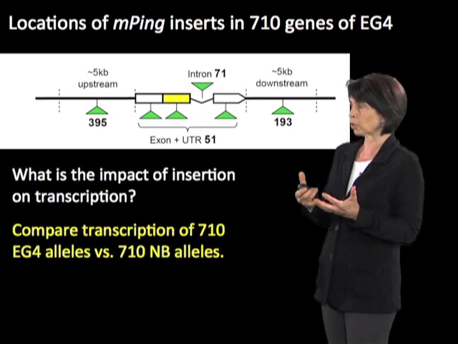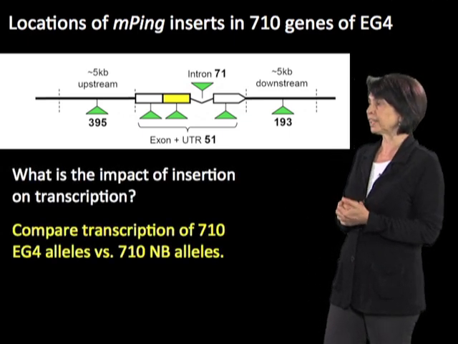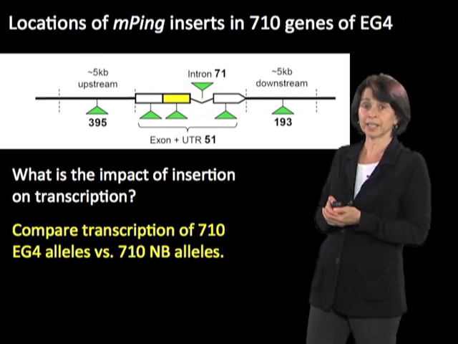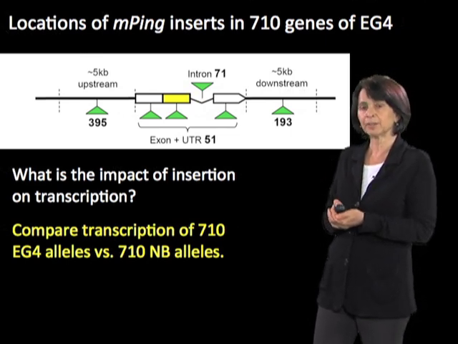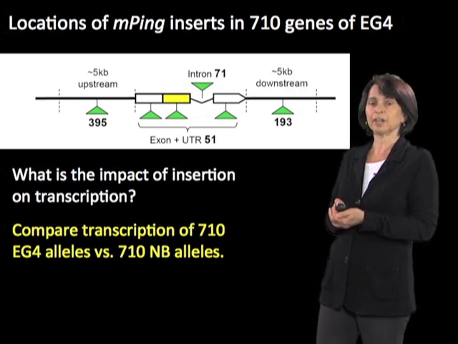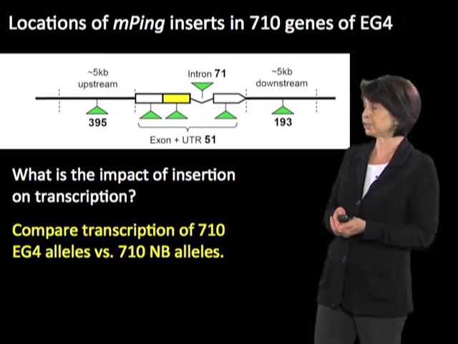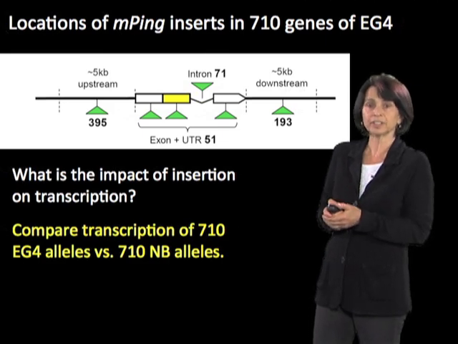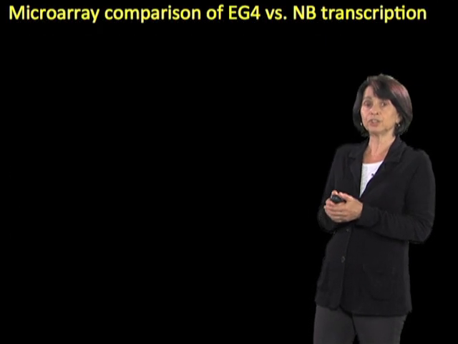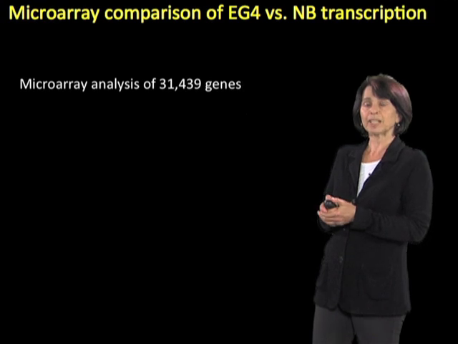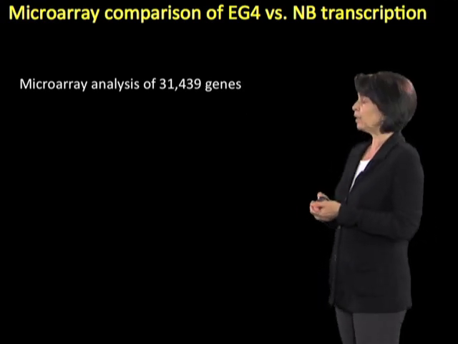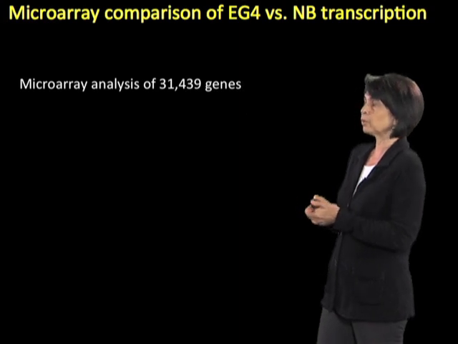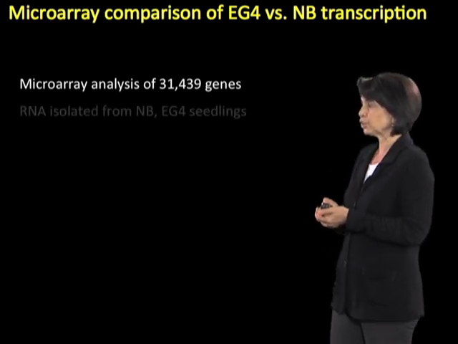So the question we're asking is, what is the impact of insertion on transcription? To do that, Ken Nato, when he was a postdoc in the lab, compared the transcription of the 710 alleles in EG4 versus Nippon-Bari, initially under normal growth conditions in the greenhouse. He used a microarray of rice genes, doing microarray analysis of 31,000 plus rice genes.